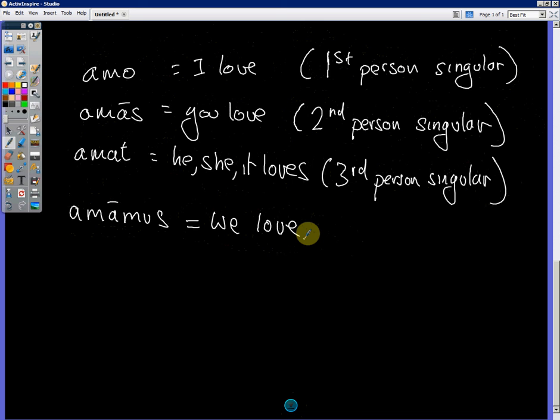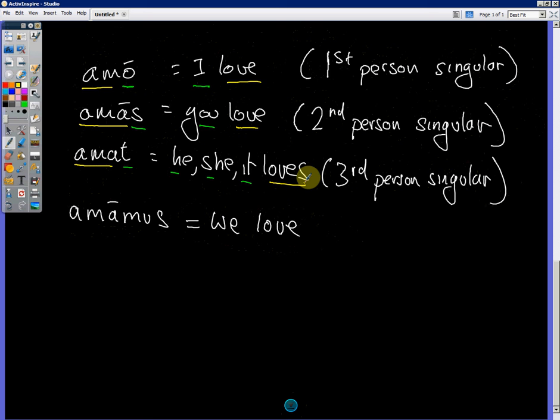Amo, long o. If I were to ask you which bit means what, well, the o means the I, the s means the you, the t means the he, she, or it, and as we've said, it's the am or the ama that means love, love, or loves.